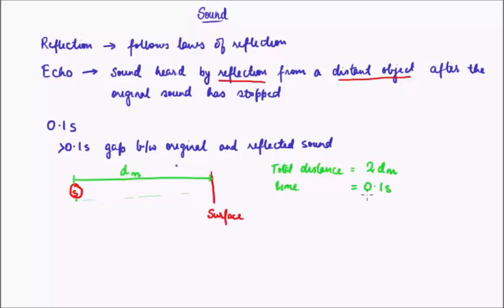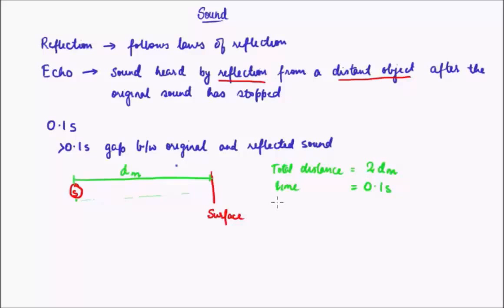We are taking the boundary condition. So if the distance is more than this dm, then we can hear the echo. But if that distance is less than dm, then we will not be able to hear the echo.